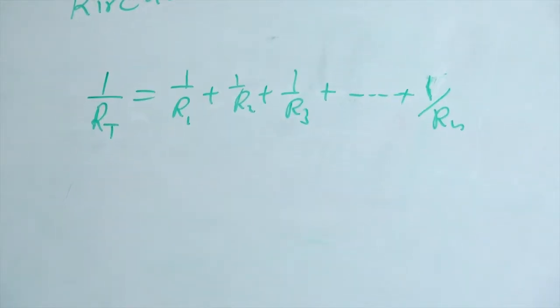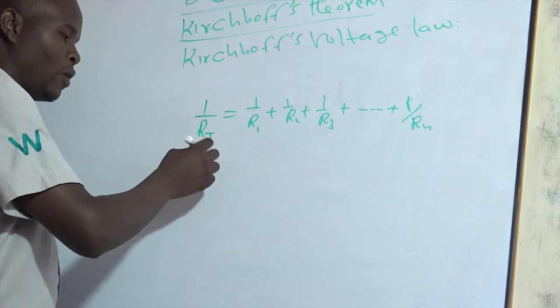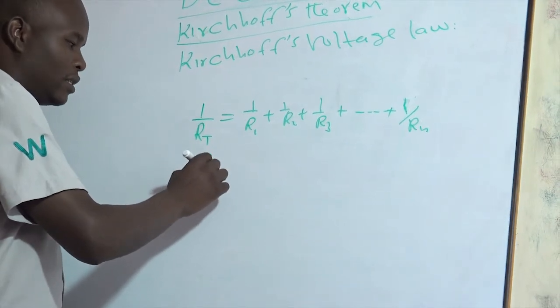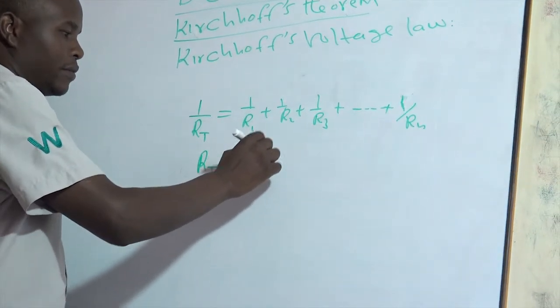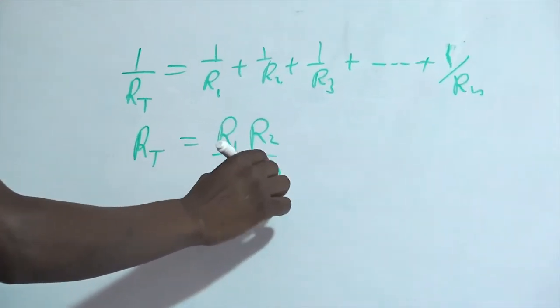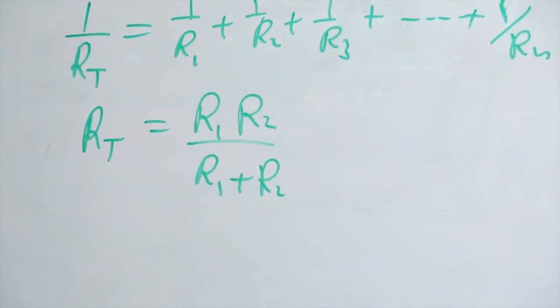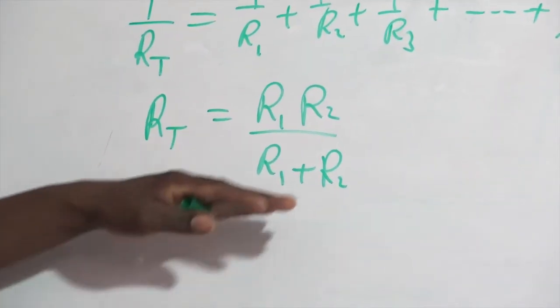Or we derived another special case for two resistors in parallel, where we came up with this. So if you have only two resistors connected in parallel, we have this.